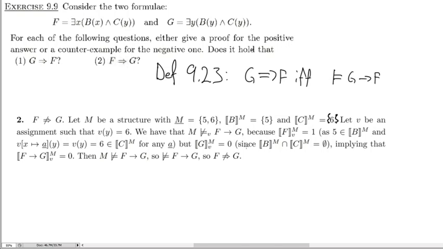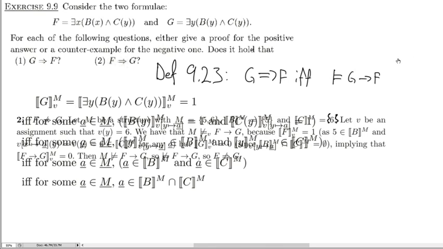And then we end up with F implies G not being satisfied under our M and V, because F is true. There are some elements in B, so the 5 is in B, and our Y, which has been mapped to 6, is in C. So both conditions are true, which is the criteria for F to be true.